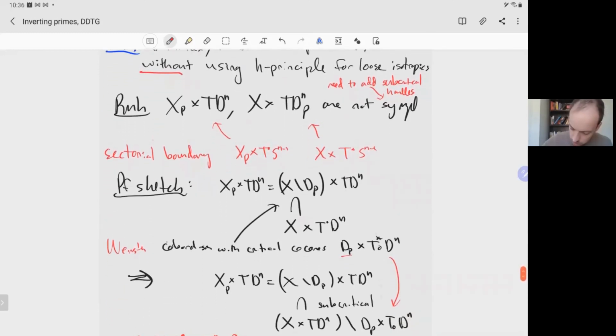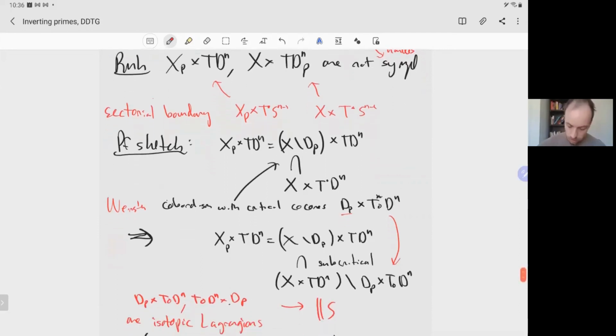That means there's a subcritical cobordism from X_P stabilized to the product where I've carved out these critical cocores. Because again, the cobordism has subcritical parts and it has some critical handles. If I remove the cocores of those critical handles, I just have the subcritical part of the cobordism. And that's what I'm saying here.